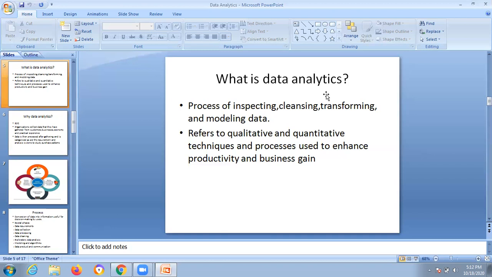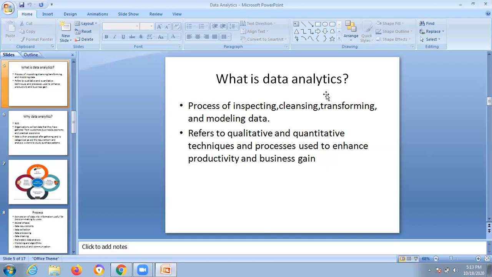And next one is cleansing. Cleansing means removing unrelated data. You are just cleaning the data. If you remove the unrelated data, then it is easy to exhibit in an efficient manner. Again, transforming means you need to manipulate the inputs.